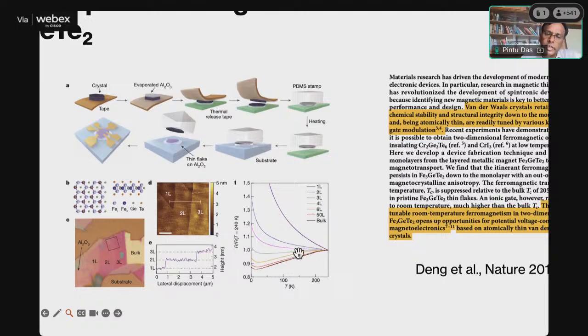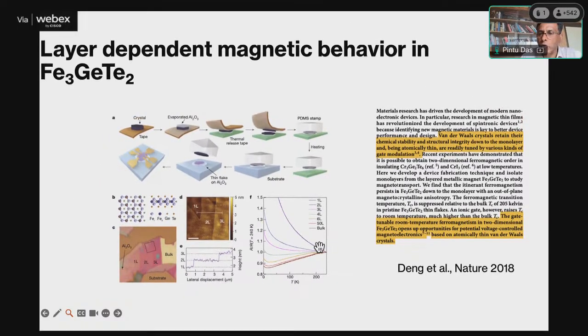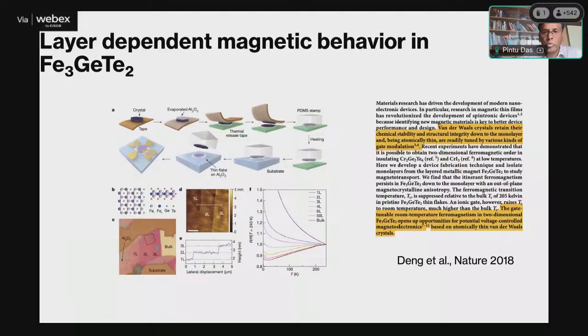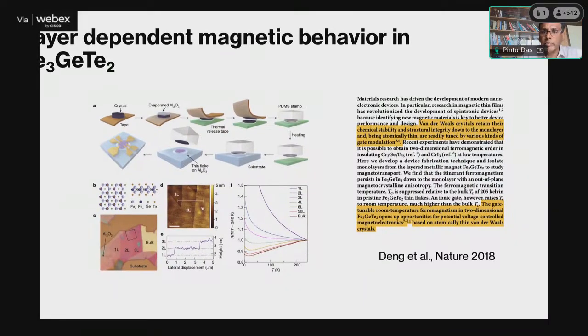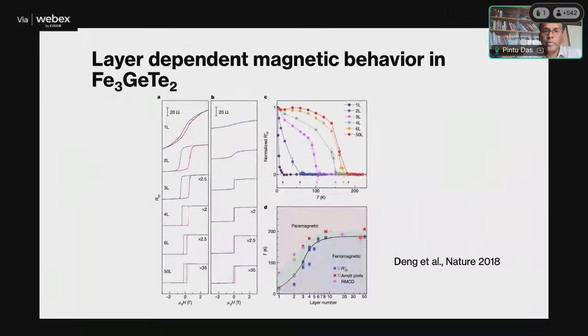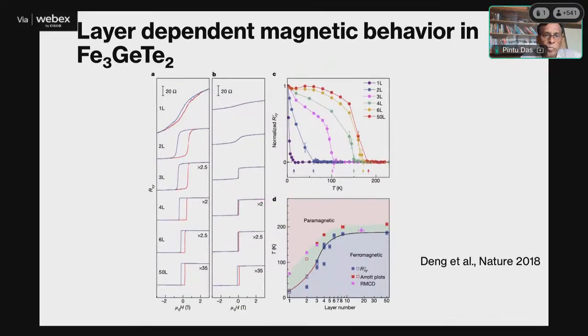You see that the resistivity behavior of the system also changes drastically. It starts from metallic-like behavior at bulk to almost semiconducting-like behavior when you go down towards monolayer. But a further interesting thing is the magnetism, right? So the bulk looks like this.